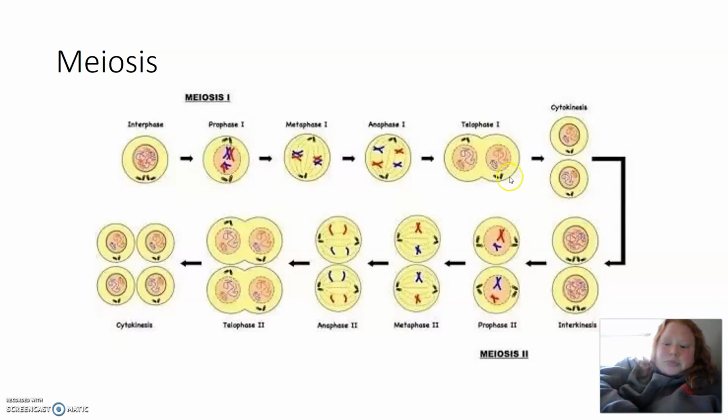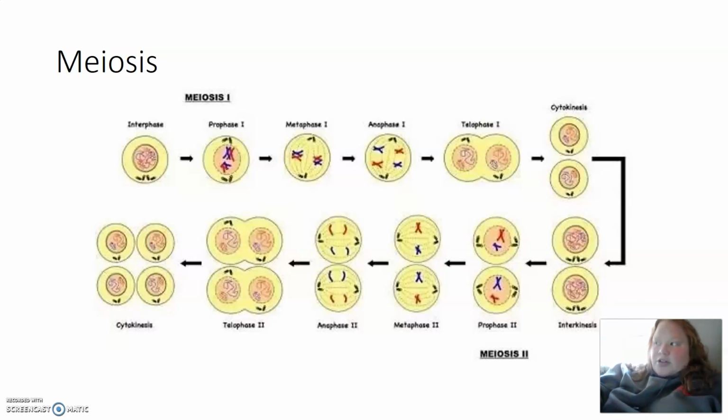So starting out in interphase, and you go through prophase 1, and the chromosomes find their partner here. So like chromosome 1 finds the other chromosome 1 in the cell, and they line up next to each other, and this is where crossing over can happen. So this is how you get some genetic diversity in a species with sexual reproduction.